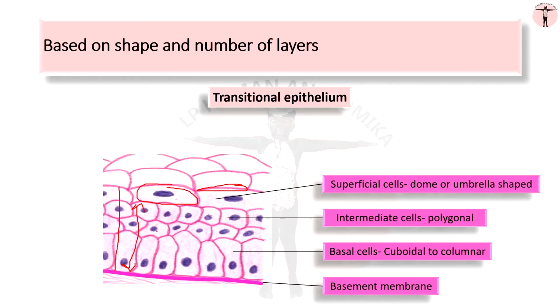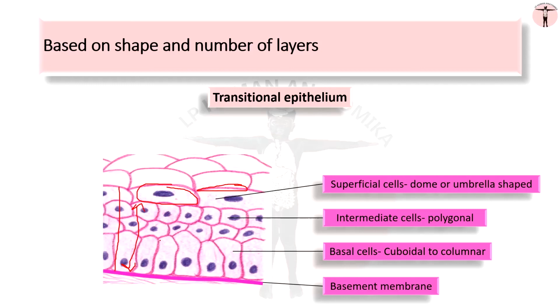Because of this the thickness reduces and it gives the appearance that it has only 2 or 3 layers thick. This change in the shape of the cells allows the epithelium to stretch, and because there is a transition occurring in the epithelium in the different states, it is called transitional epithelium.